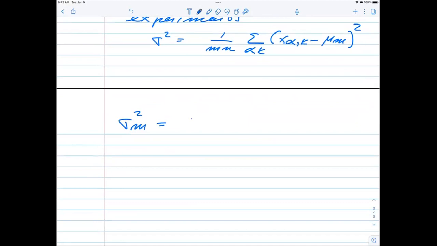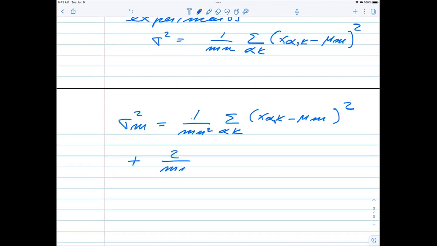So what we would get then is something like this, 1 divided by m of n squared, and then we have a sum over alpha and k. So this is a diagonal piece, and that's given by x alpha k minus mu of m squared. And then we get a term, since we are now summing over only k less than L, we get a factor of 2 then, and this is given by 2 over mn squared.